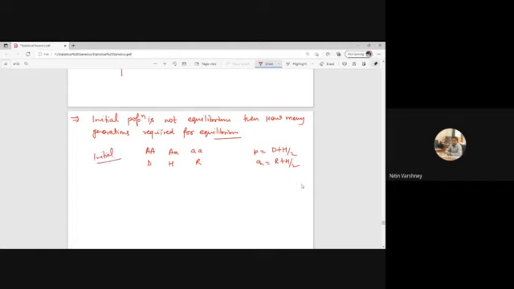Then again we will make the types of matings, frequencies and offspring. On the basis of these general symbols, I will make all the matings, all the 9 matings or all the 6 matings, and I will get these frequencies like D square, DH, DR, HD likewise, and we will bifurcate this D square and all.